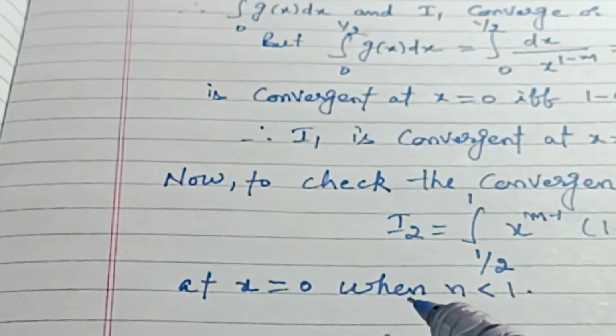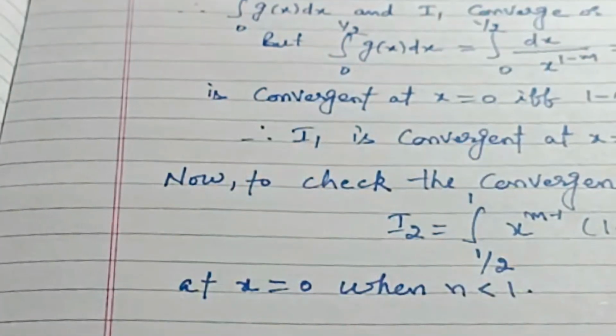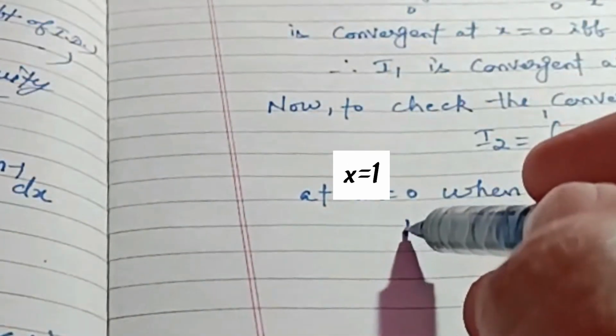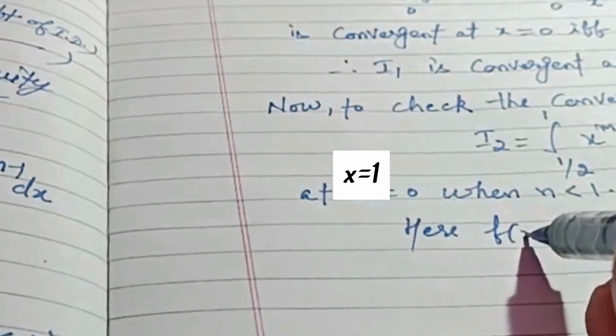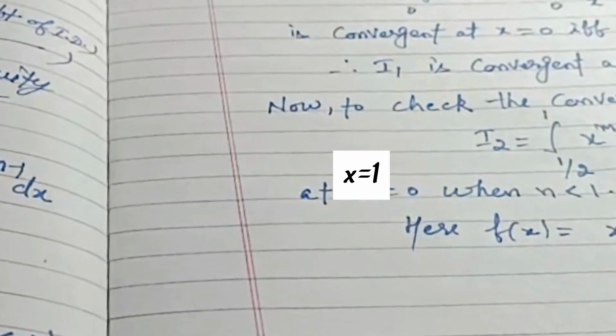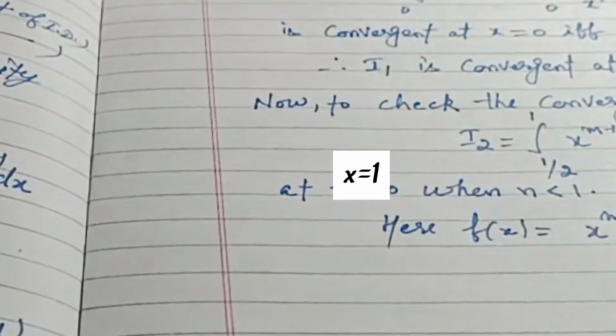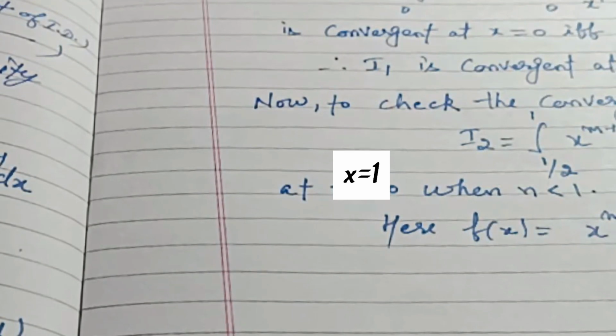So again, for this f(x), we have to choose g(x). So again we are writing here f(x) is equal to x to the power m minus 1 times 1 minus x to the power n minus 1. Just as I discussed in the first case, we have to pick g(x) according to the point of infinite discontinuity.